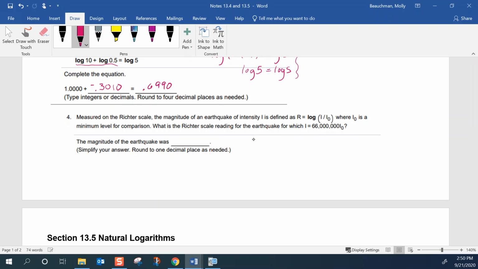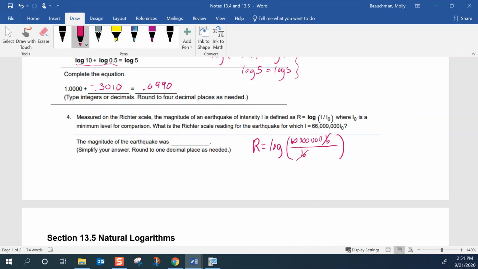To find the Richter scale reading, we would take the log of the value we're given, 66 million times I subscript 0 divided by I subscript 0, which means the I subscript 0 cancel out.